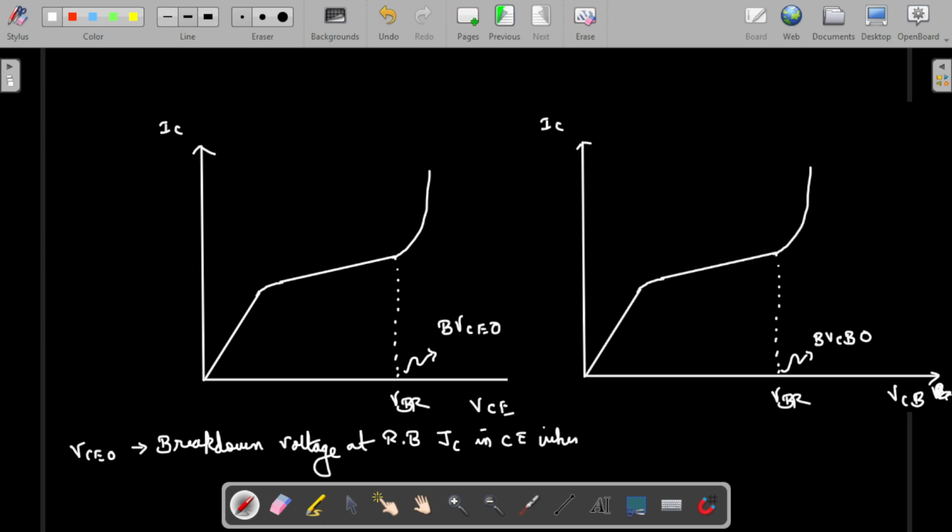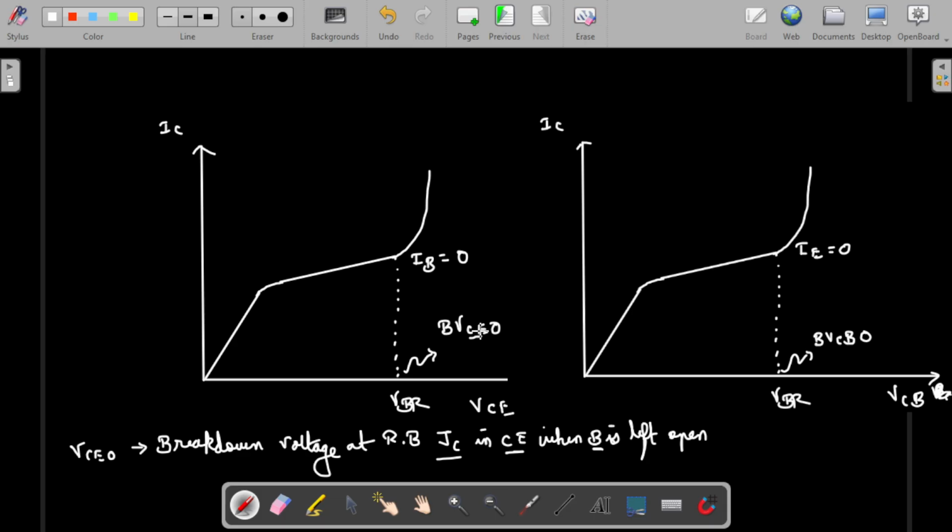This is a very important definition, guys, so we have to remember it. In VCE, the CE is the common configuration mode and the terminals named are the junction, and the terminal which is not named is left open. So for VCEO the condition is IB equal to 0, and for VCBO the terminal not named is the emitter, so IE will be equal to 0. This is the point where this voltage is calculated.